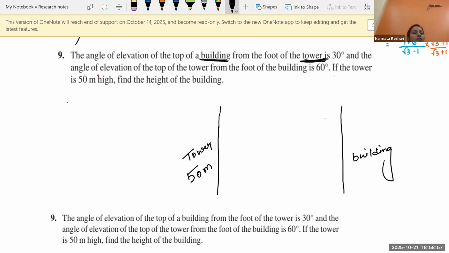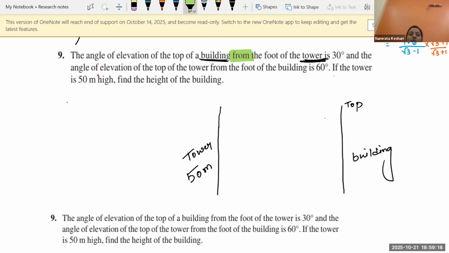The angle of elevation of the top of the building, this is the top of the building, from the foot of the tower. I was telling you in the first class that this word "from" will always help you. Here only you will always be marking the angle of elevation, 60 degree, 45 degree, 30 degree, at this "from" only.